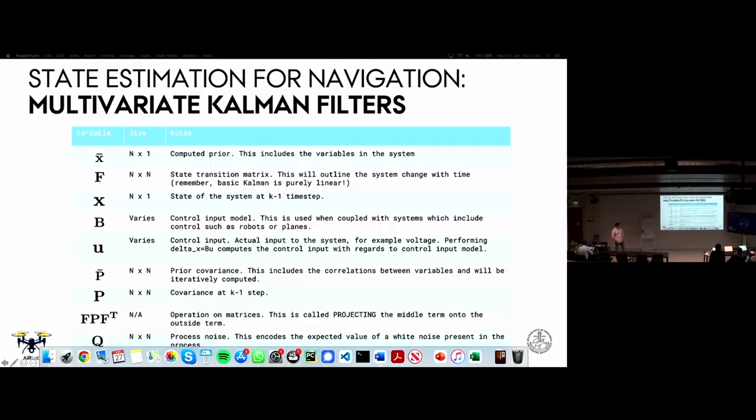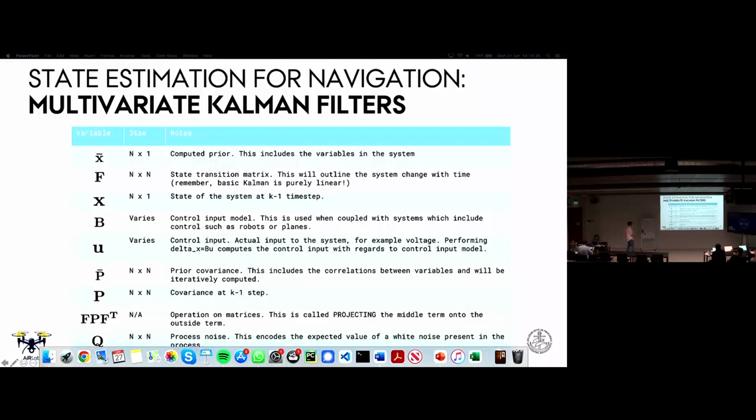But the idea is that you have a matrix which defines the covariance and variance between variables. If you have a two-dimensional state space, you're going to have a 2x2 matrix, and that 2x2 matrix is going to define the variance or covariance between the variables and the states themselves, as well as the covariance of the states with themselves. So that's what covariance matrices do.